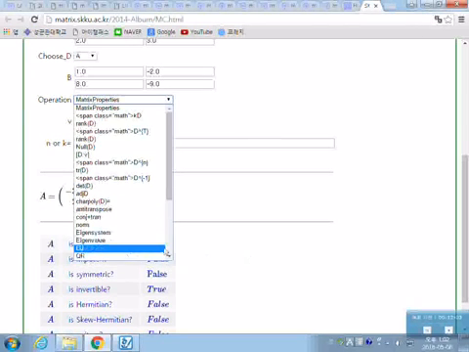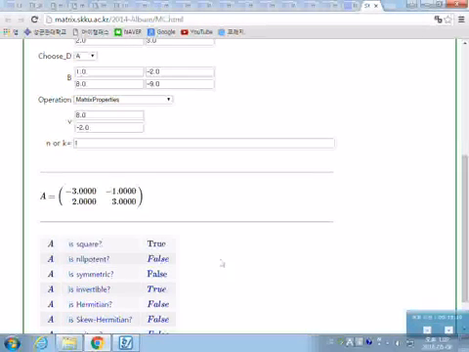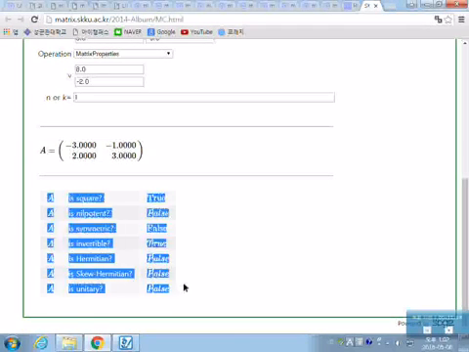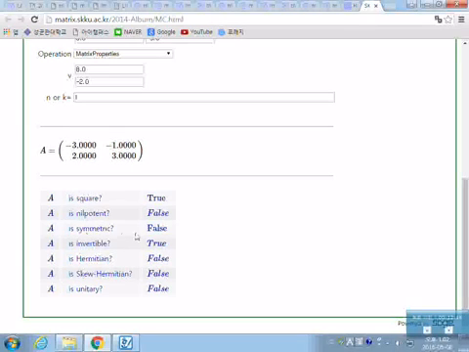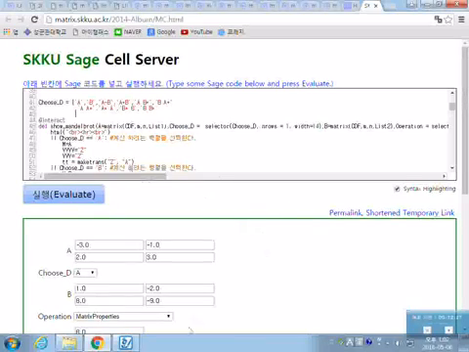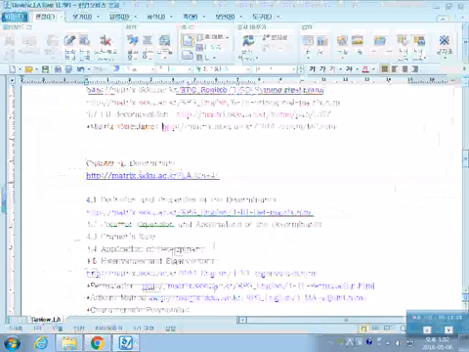We can check eigenvalues, LU, QR, all these things here. We can also confirm whether a matrix is square, symmetric, invertible, a permutation, or unitary. So I think this is a very useful tool for us to check matrices.